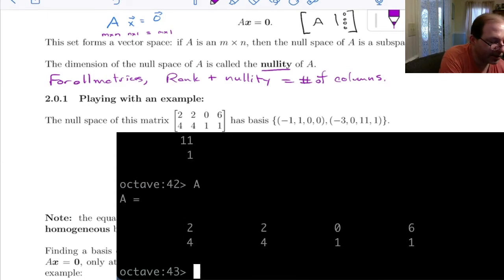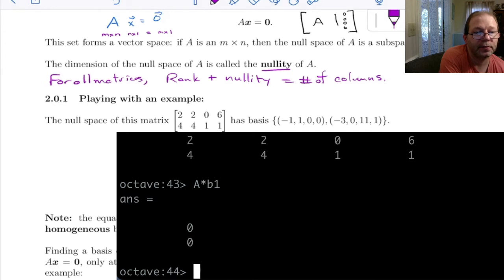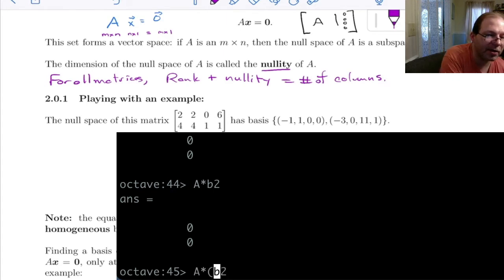All right, so if I take A and multiply it by B1, that should give me the 0 vector. Sure enough, it does. If I multiply it by B2, that also gives me the 0 vector. And if I multiply it by any linear combination of these, if I were teaching this in person, I would ask people for random numbers from the class. But since I'm not, I'll pick a random number.